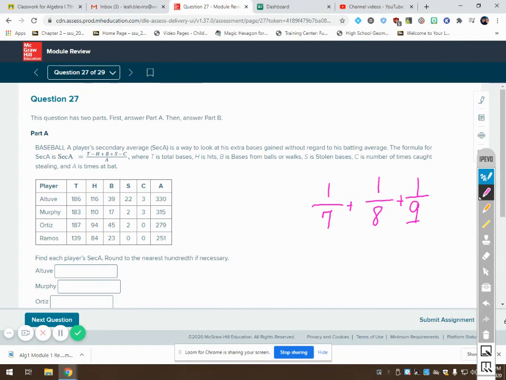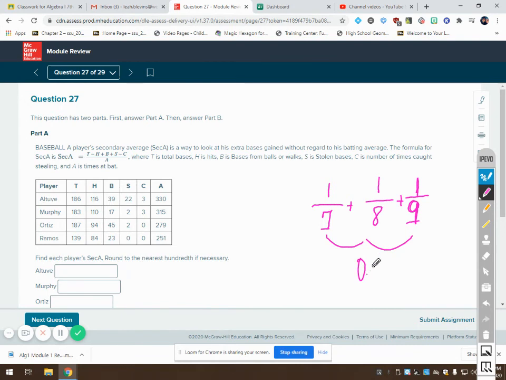I always like to think about pizza when I think about fractions. If I'm one person splitting my pizza with 9 people, then I'm going to get a bigger piece if I split with 8 people or with 7 people. Obviously, the fewer people I share with, the bigger the piece I get, because the more people I share with, I have to cut my pieces smaller and smaller. So we can see that these numbers are getting smaller.